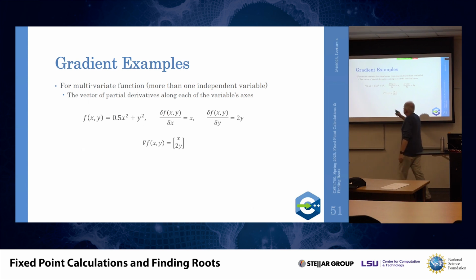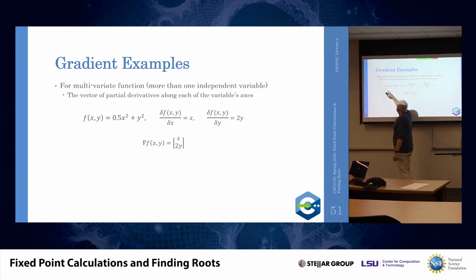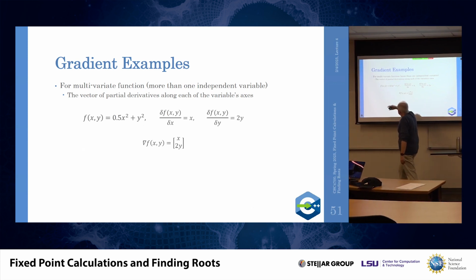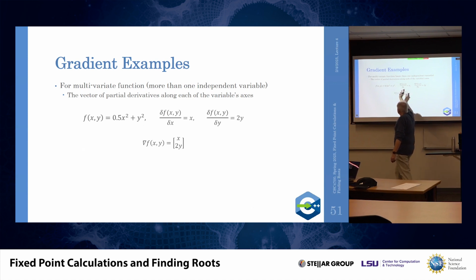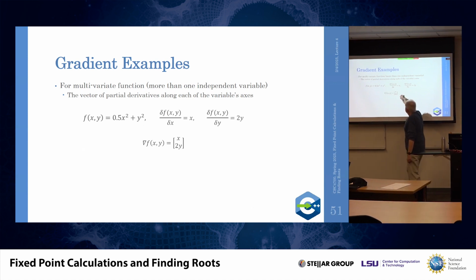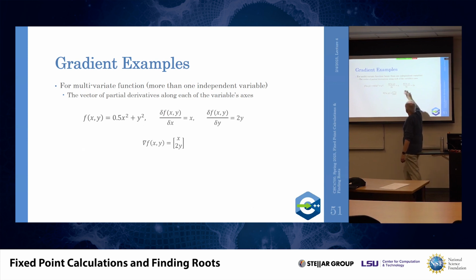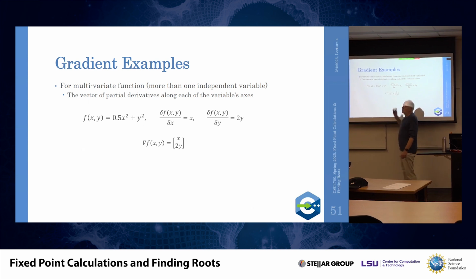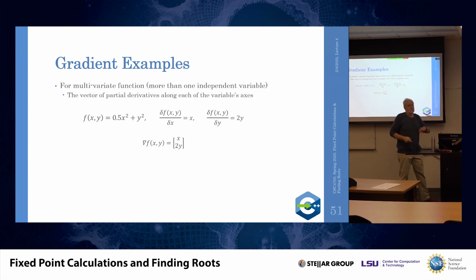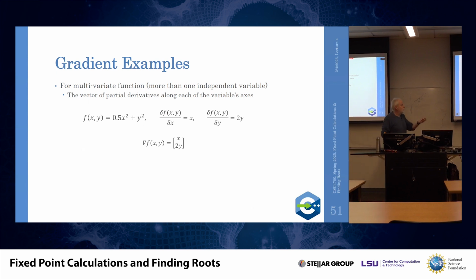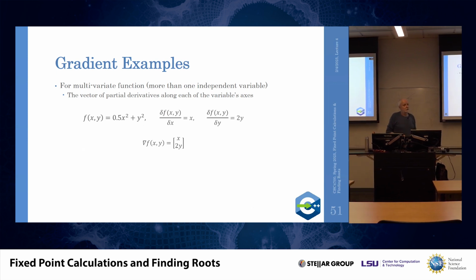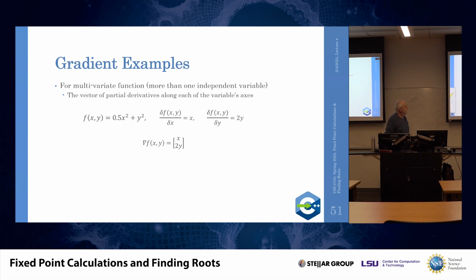So let's do an example. If you have a function of two independent variables defined like 0.5 x squared plus y squared, then the partial derivatives are, over x, x and, over y, 2y. So the overall gradient can be computed by putting the current value of the current point into that vector, and you get the gradient at that particular point of the function.